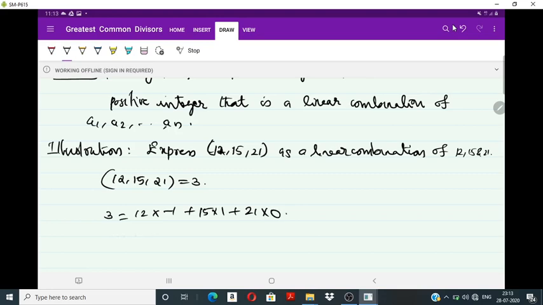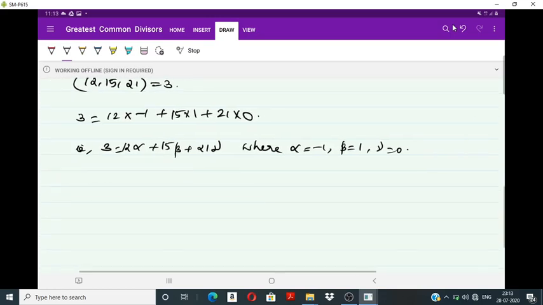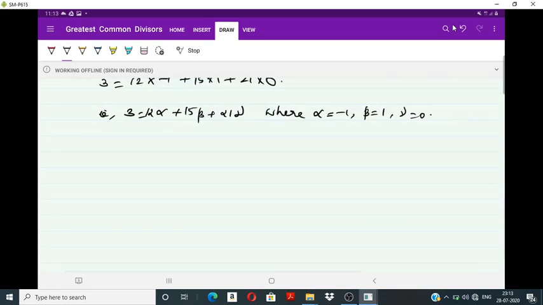That is, 3 is equal to 12 alpha plus 15 beta plus 21 gamma, where alpha equal to minus 1, beta equal to 1 and gamma equal to 0. Okay, this is the illustration.